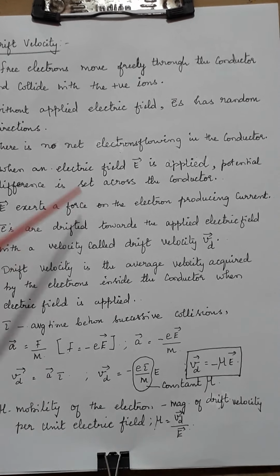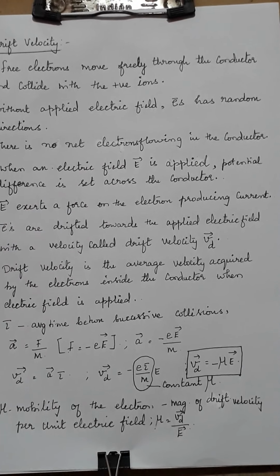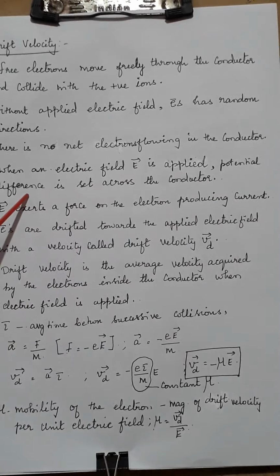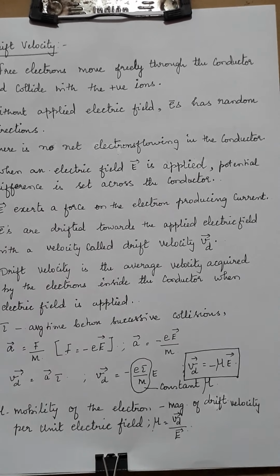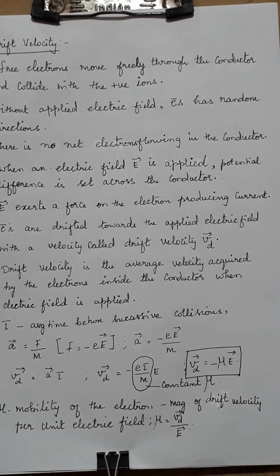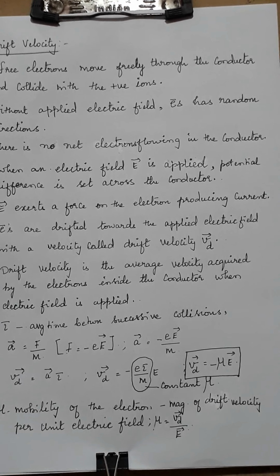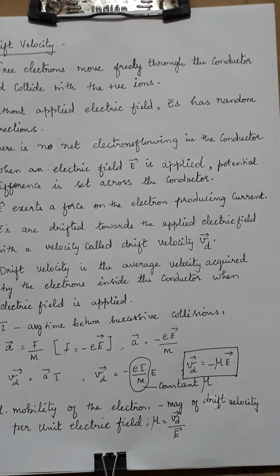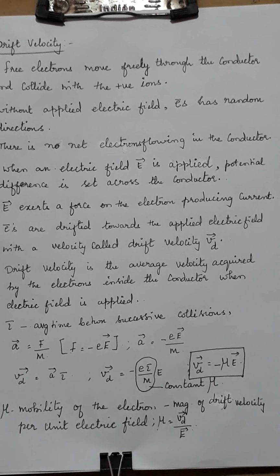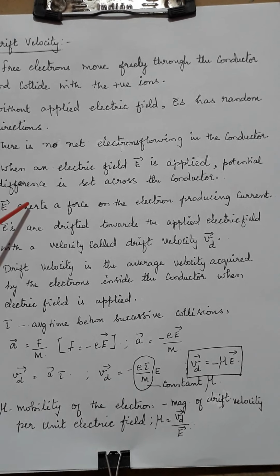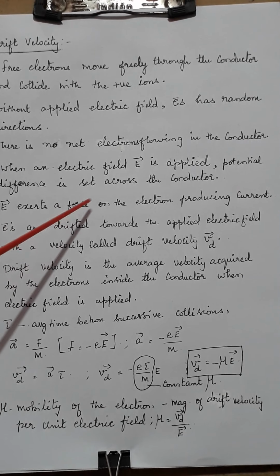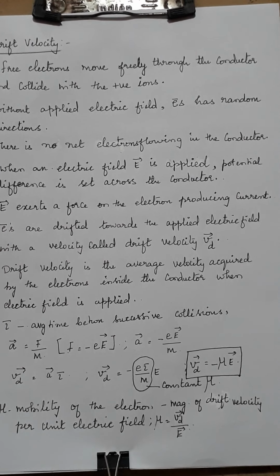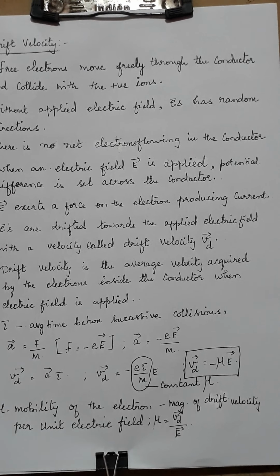But when I apply an electric field, what will happen? A potential difference is set across the conductor, meaning one end is connected to positive and the other end to negative. This applied electric field will exert a force on the electron, tending to attract it to one side.